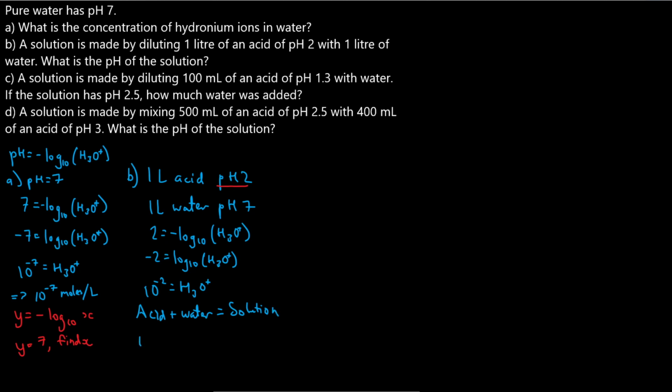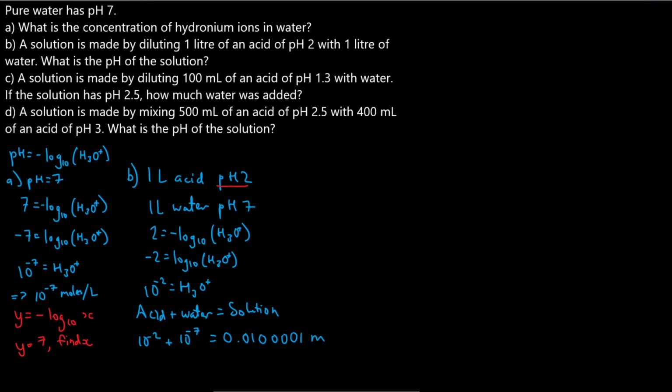So the acid, that was 10 to the negative 2 plus 10 to the negative 7, and that would be the solution's amount of hydronium ions. So that is, if we just use a calculator, 0.010000, let me see, 2, 3, 4, 5, 6, 7.